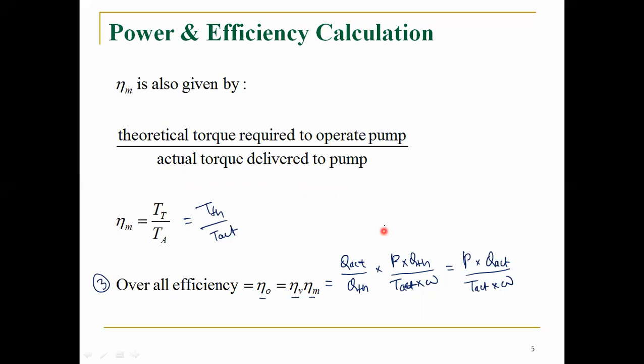So you can see here that QTH will get cancelled. What will remain is P into Q actual divided by T actual into omega. So this is with respect to the actual discharge, and this gives us the overall efficiency.